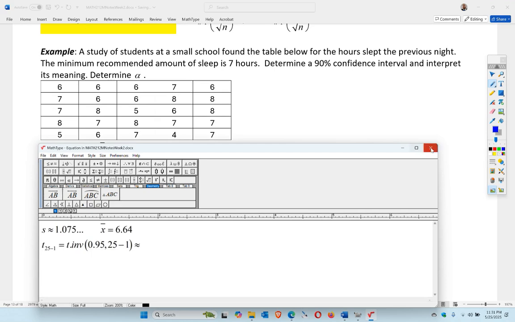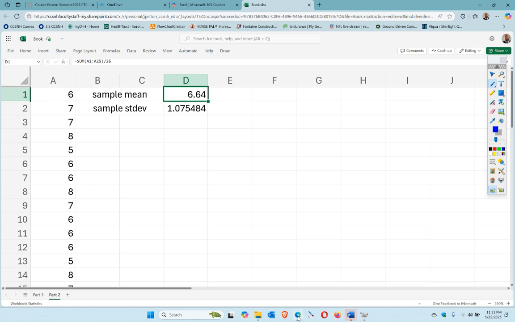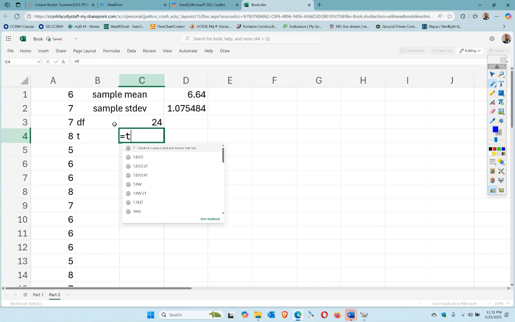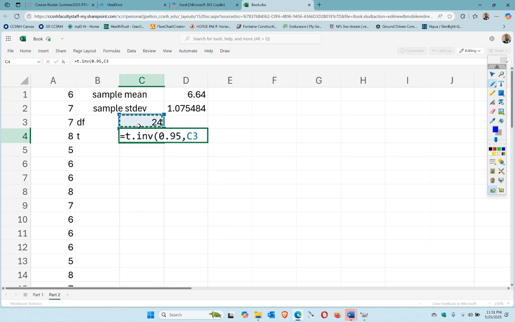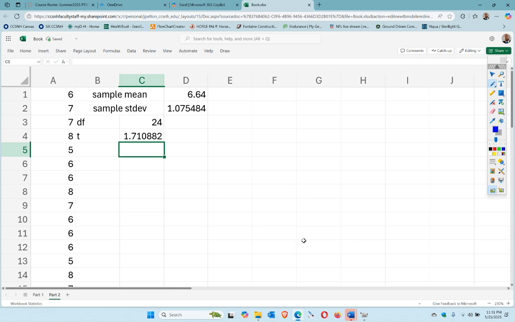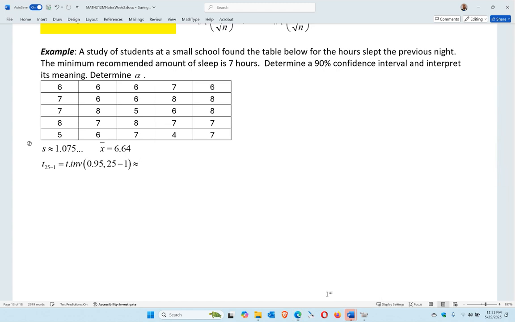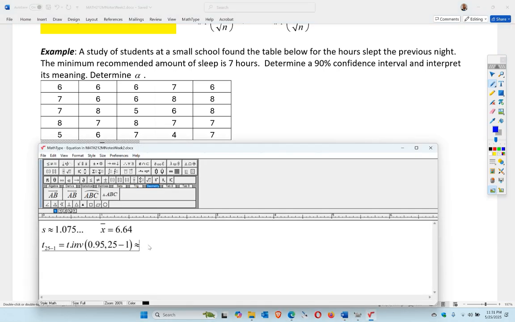And approximate. Okay, so let's go to our spreadsheet here. Alright, so degrees of freedom is 24, right? 25 minus 1. Our t value is t dot inverse 0.95, comma, degrees of freedom. Alright, so we get about 1.7 whatever it is, 1.71 something, whatever it is, doesn't really matter.